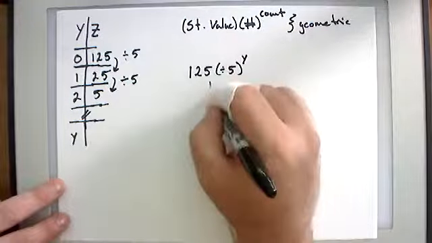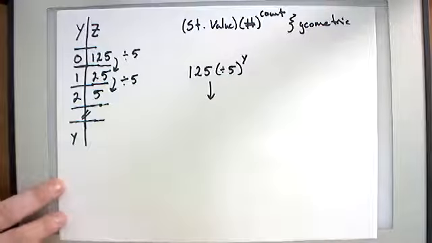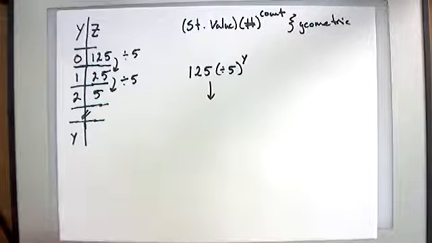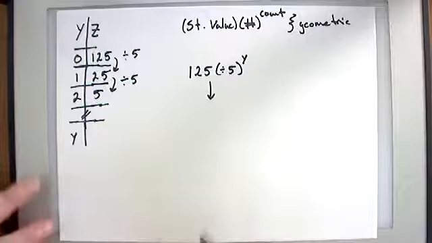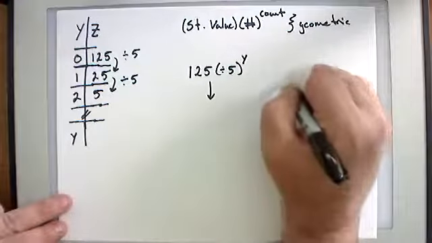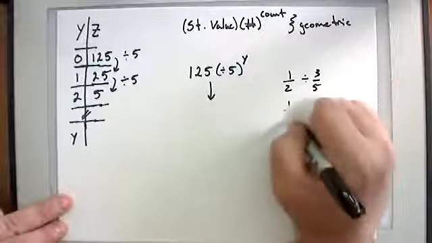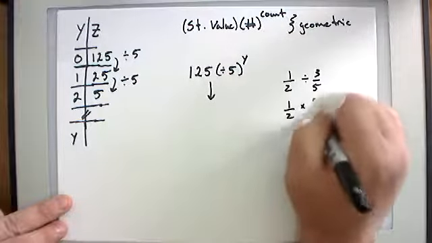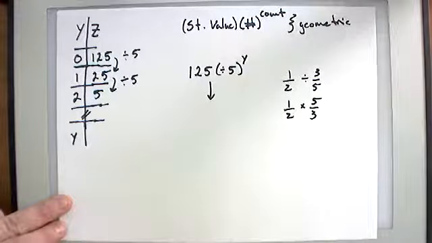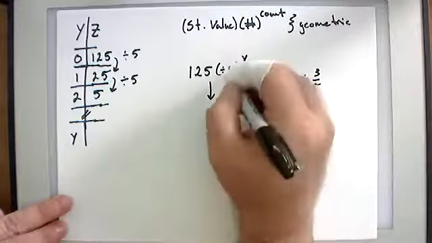So here's the trick. How can you write this as multiplication? Think back. We've actually already talked about this. When did we take division and rewrite it as multiplication? When we did fractions, yeah? Just for a second off to the side here, let's say I said 1/2 divided by 3/5. Don't you take it, change it to times, and flip the second fraction? Isn't that what we did, right? Well, that's what we're going to do here.